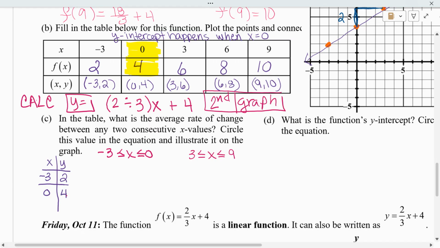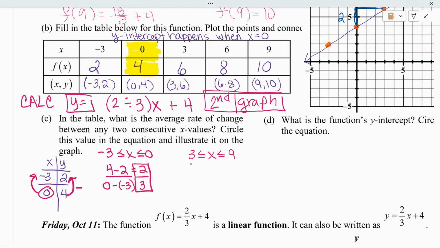Okay. Remember, we subtract outputs first. What is 4 minus 2? 2. Over inputs. What is 0 minus -3? Positive 3. Minus a negative makes it positive. Okay. Let's do the same thing for 3 to 9. So I'm going to make a table.